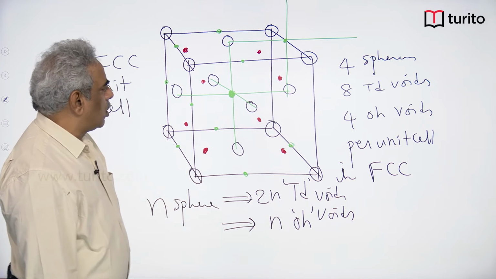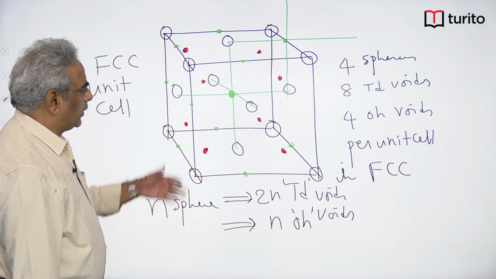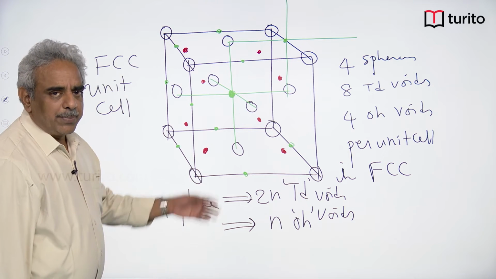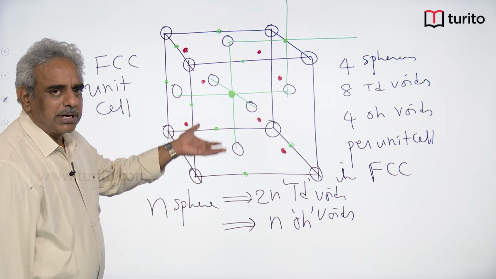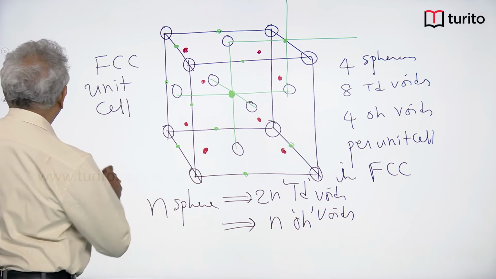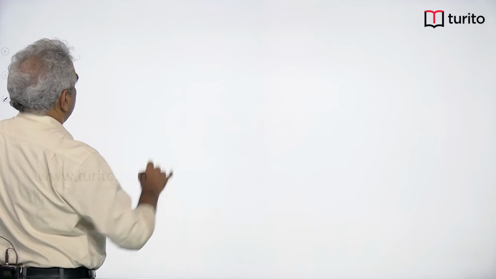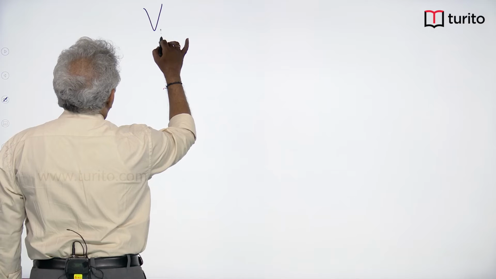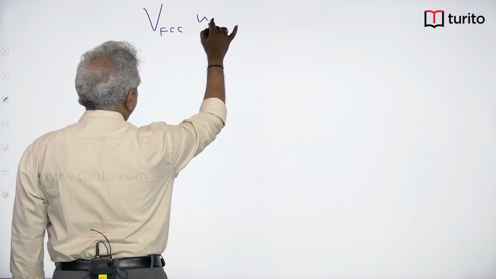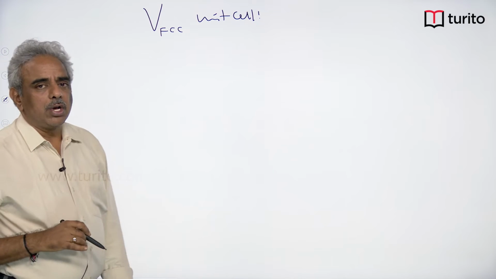Now, let us work out the volumes of the unit cells, both for CCP unit cell, I should say FCC unit cell, as well as HCP unit cell. Volume of FCC unit cell. What is the volume of this unit cell?